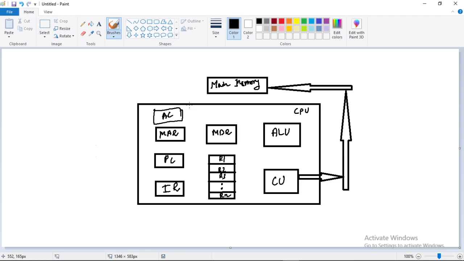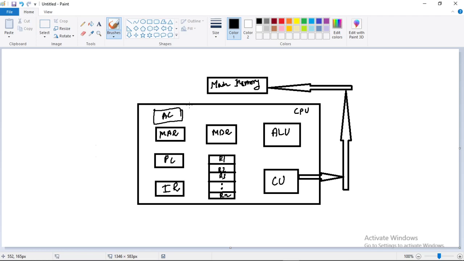After IR, I am coming to the general purpose register. In the case of general purpose registers, many are possible. It depends on the manufacturer inside the CPU.